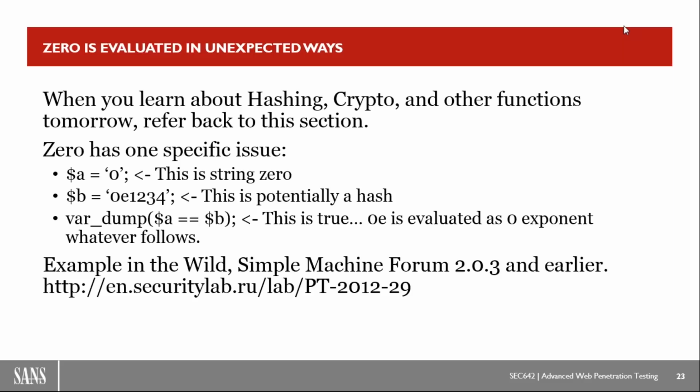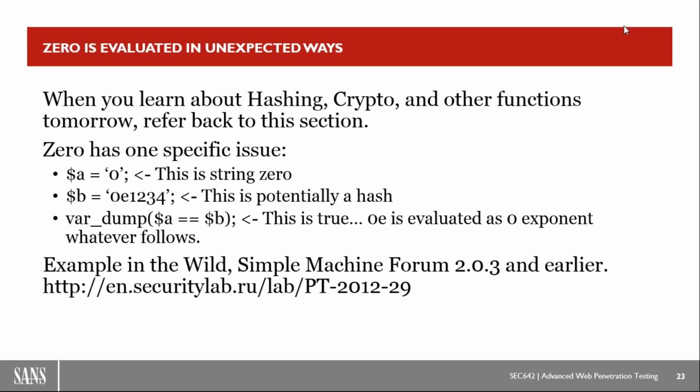What the attackers figured out is that if you kept asking for a password reset and you got a hash that started with a 0 and a letter, and you asked for the administrator's password, or the forum user 0 password, to be reset, you could pass it a hash and the user, and it would check as identical.